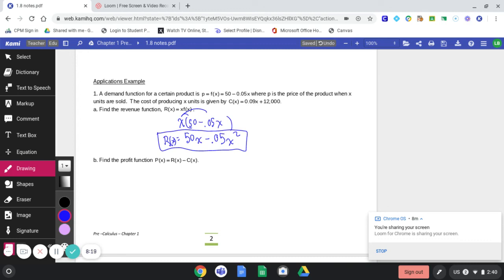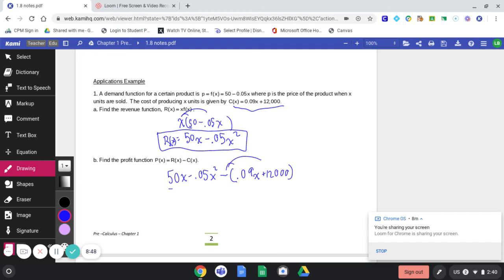Letter B, we want to find the profit function. And it's telling us the equation. The profit is equal to R of x minus C of x, or revenue minus cost. So we're going to take that revenue equation that we just found, 50x minus 0.05x squared, and we're going to subtract the entire cost function, which was given to us in the problem up here, 0.09x plus 12,000.